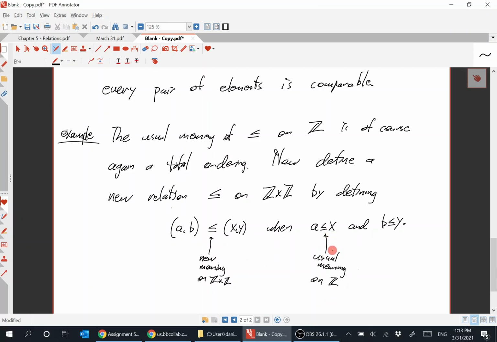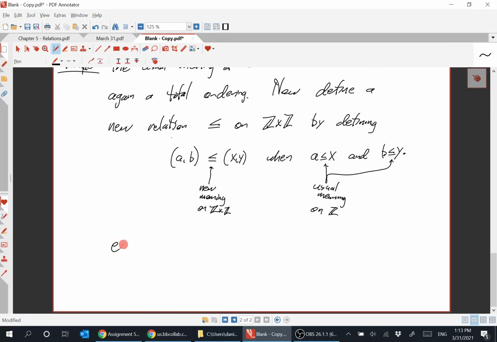Does everyone see what I'm getting at here? So, for example, (3, 12) is less than or equal to (3, 13) because 3 is less than or equal to 3 and 12 is less than or equal to 13.